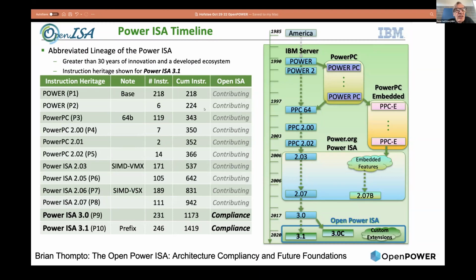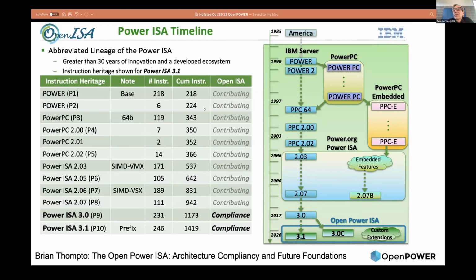You do see that over the years, the number of instructions in the architecture has grown considerably, from just over 200 in the first Power processor, and less than that in those earlier prototypes, to over 1400 currently.